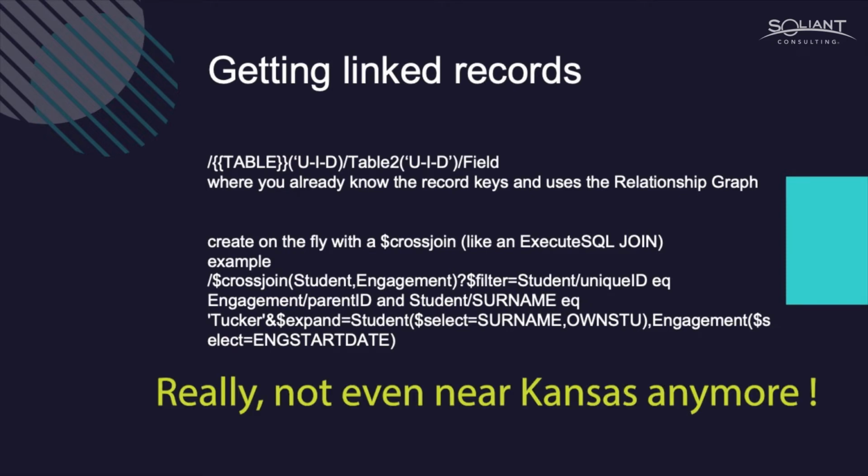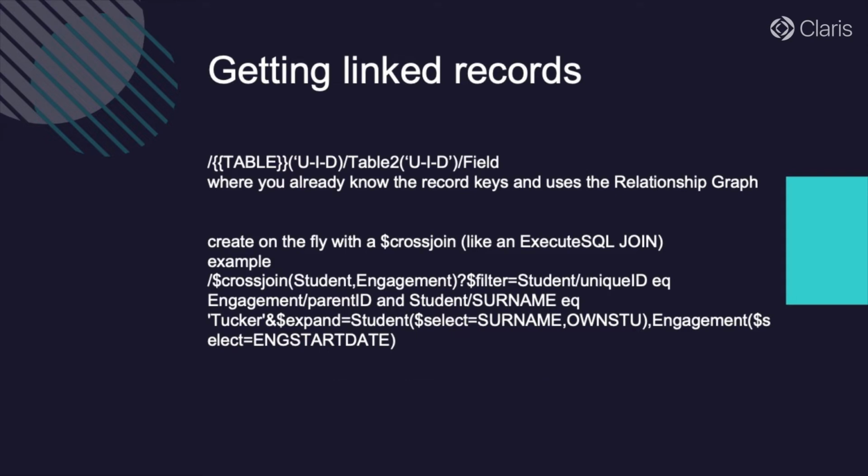So we want to join the student table and the engagement table, but we don't want all the records, so we do some filtering. Now here, because I've got two tables in the cross join, I have to preface which field with which table it's in. So where the student unique ID is the same as the engagement parent ID. So I've got a primary key relationship going on here.